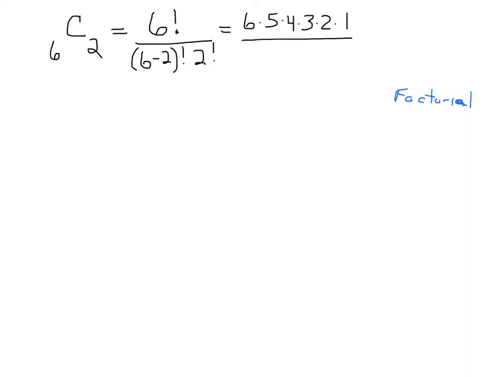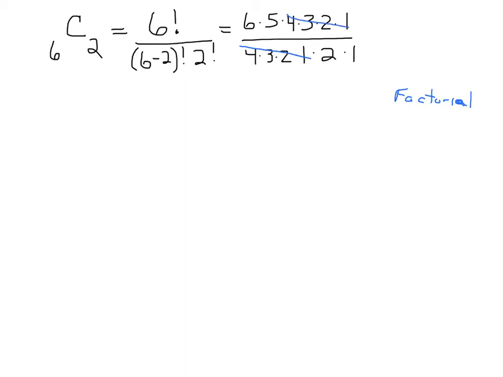So count down from 4. 4 times 3 times 2 times 1, because they're right next to each other, so you multiply. Now 2 factorial, just count down from 2. 2 times 1. Now you can reduce. You can reduce things because everything is being multiplied. You're allowed to cancel. So I'm going to cancel 4 times 3 times 2 times 1, because here's the same exact thing.